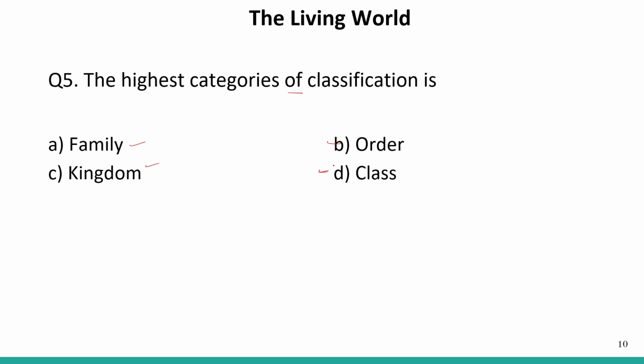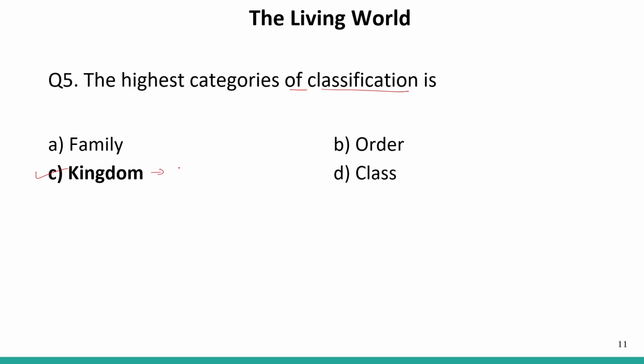We have drawn from kingdom, which is the highest taxonomic category. So what should be the answer? They are asking the highest category, so the answer should be option C, kingdom. Kingdom is the highest category of classification.